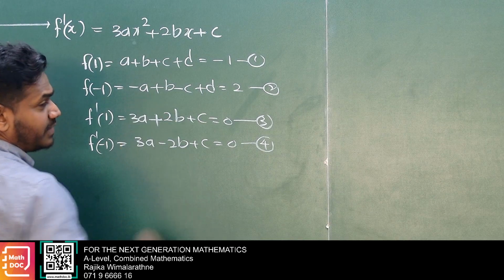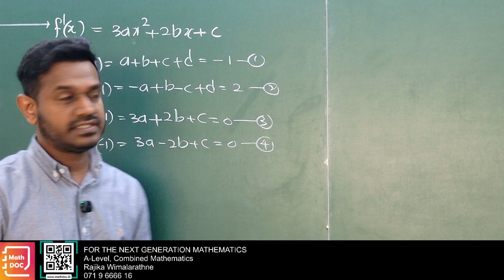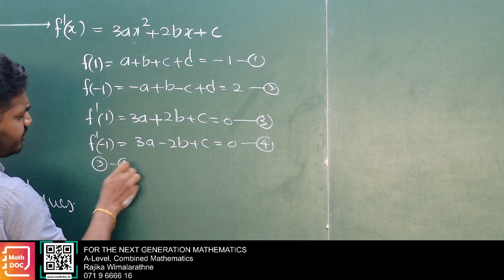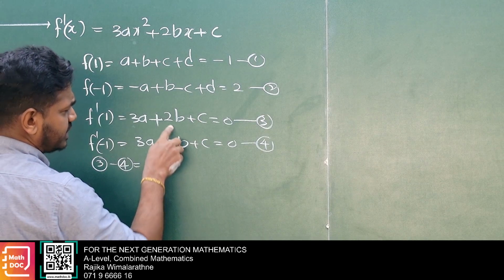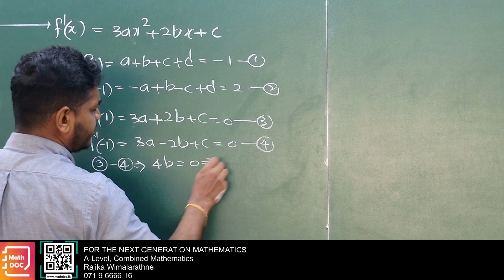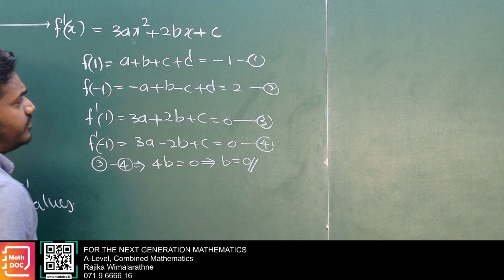Now we have 4 simultaneous equations. You solve them first. Then 3 minus 4: 3a cancels, c cancels, 4b equals 0, so we get b value 0.